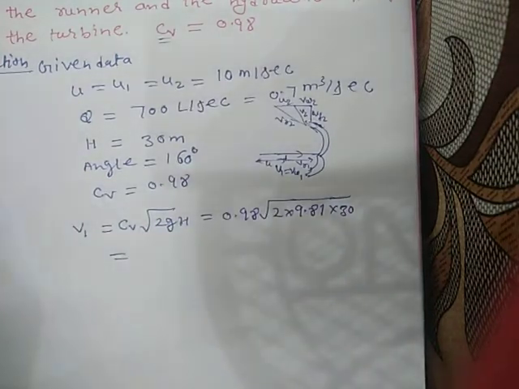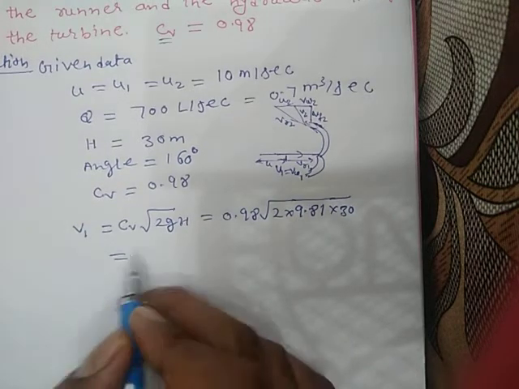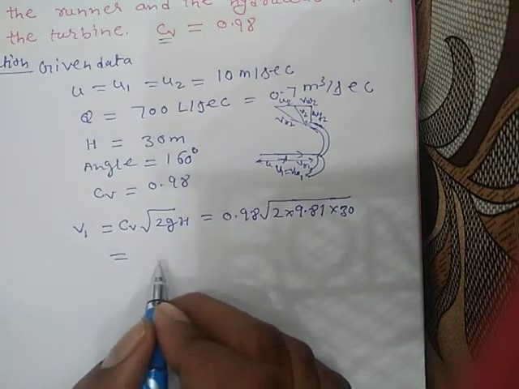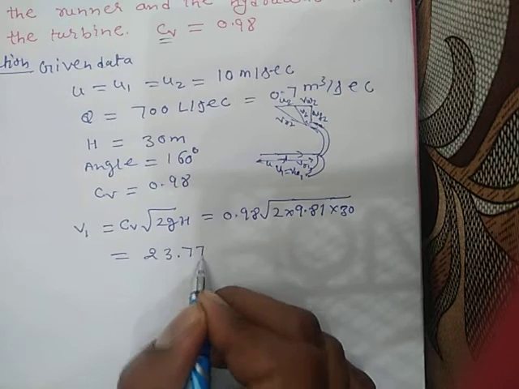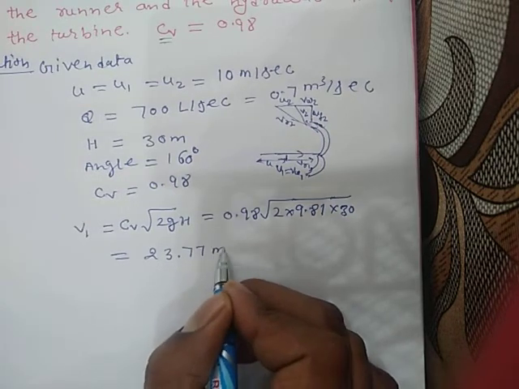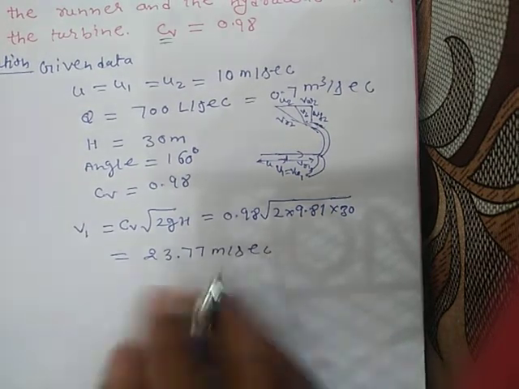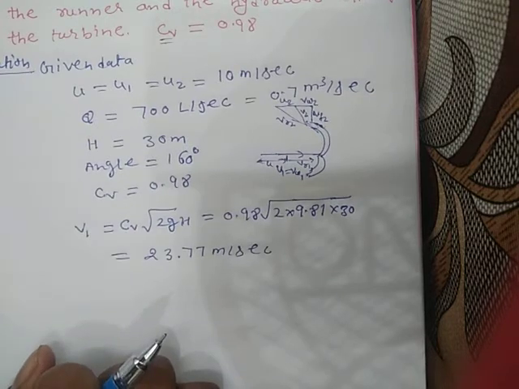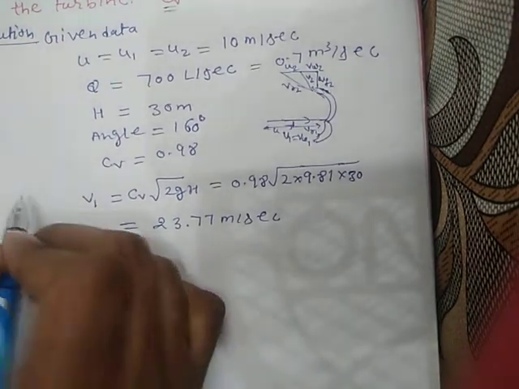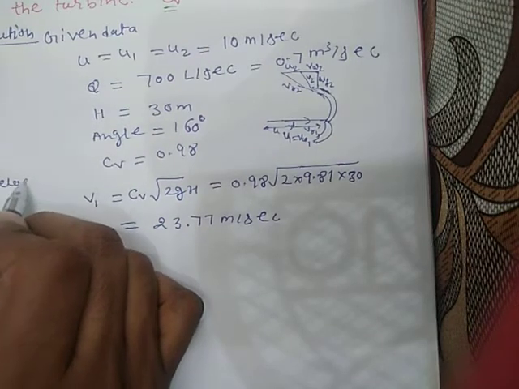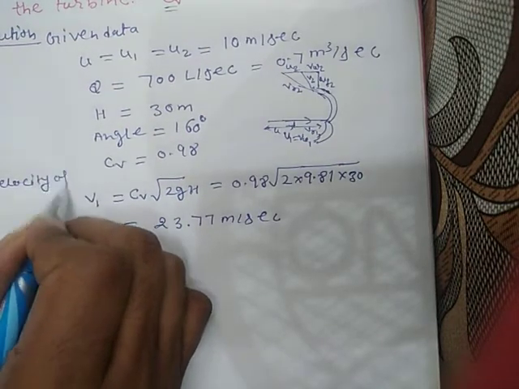The value of this is 23.77 meter per second. This is the value of V1. This is the velocity of jet.